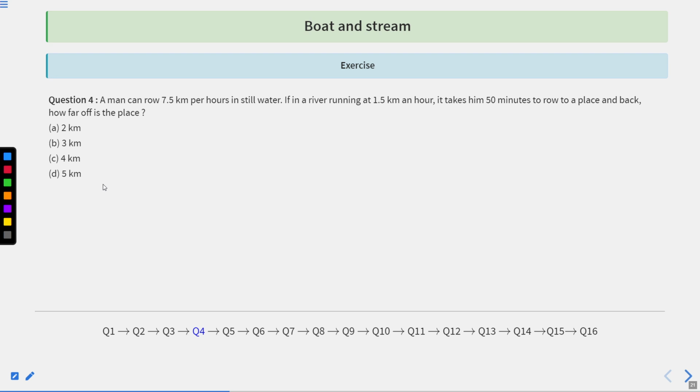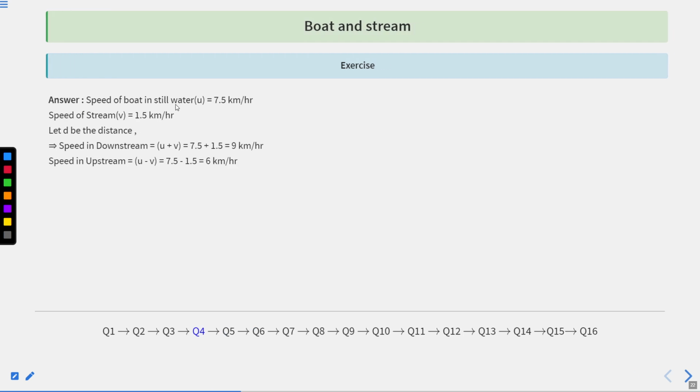Moving ahead to problem number 4. A man can row 7.5 kilometer per hour in still water. If in a river running at 1.5 kilometer an hour, it takes him 50 minutes to row to a place and back, how far off is the place?